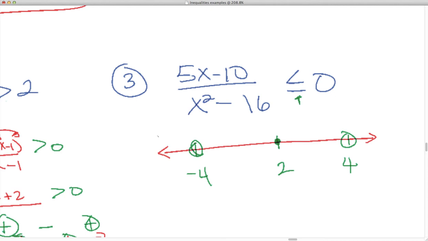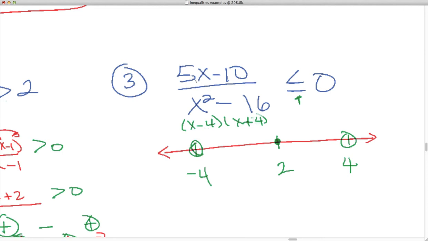So if I plug in, I'm going to write this in its factored form, it's just easier to deal with. Oops, should be a 4 right there, not a 5. Sorry about that. So if I plug in a negative 5, the top's going to be a negative 25 minus 10 is negative, and then the bottom's going to be negative times a negative gives me a positive, right?